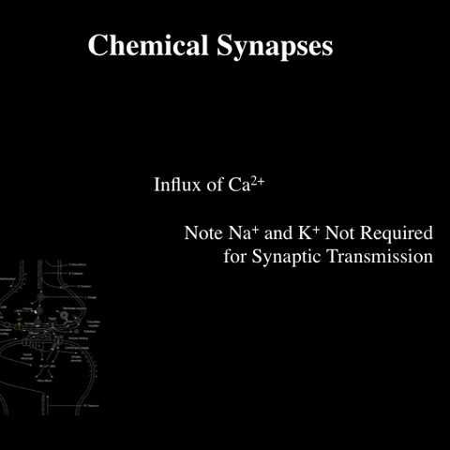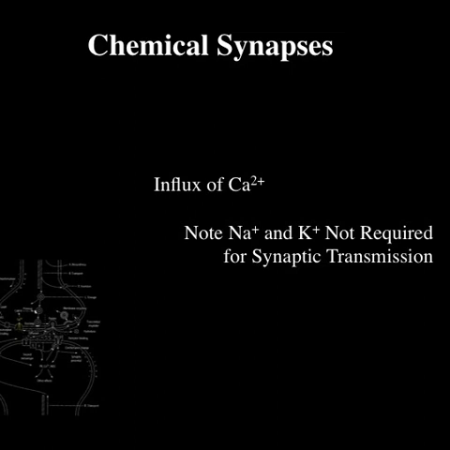Calcium is a very interesting cation in the sense that when it gets into cells, it tends to do clever things within the cell. You'll recall that muscular contraction has a lot to do with calcium, and also synaptic chemical release has a lot to do with calcium. It's interesting to note that sodium and potassium are not required for synaptic transmission.